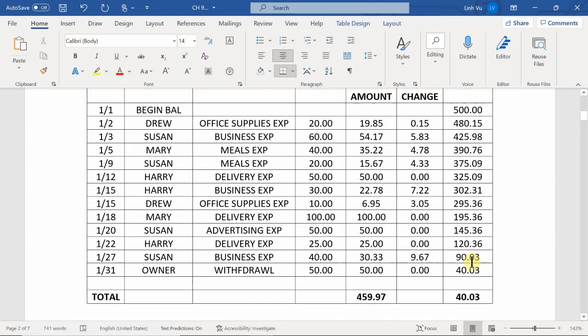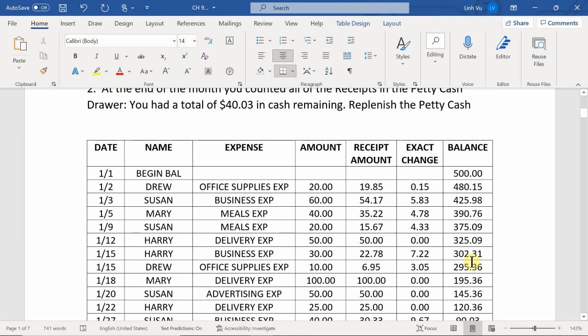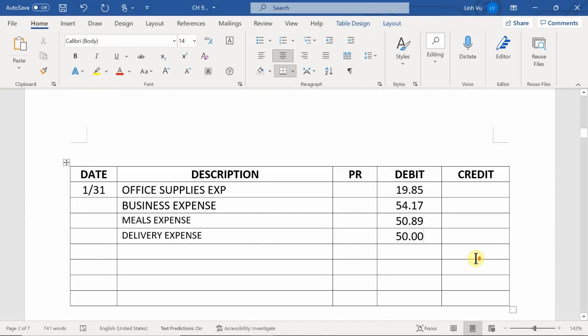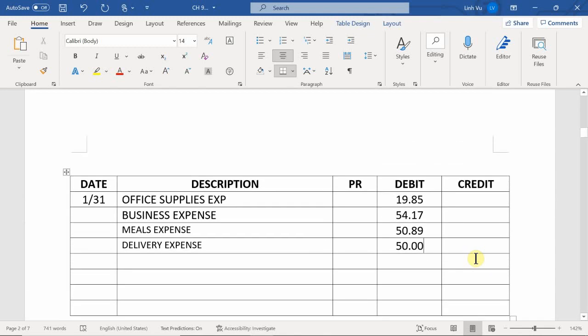Okay. Let's see what the next one is. So then Harry also took out some business expenses for $22.78. Okay. So we need to add that to our business expense account for $54.17.